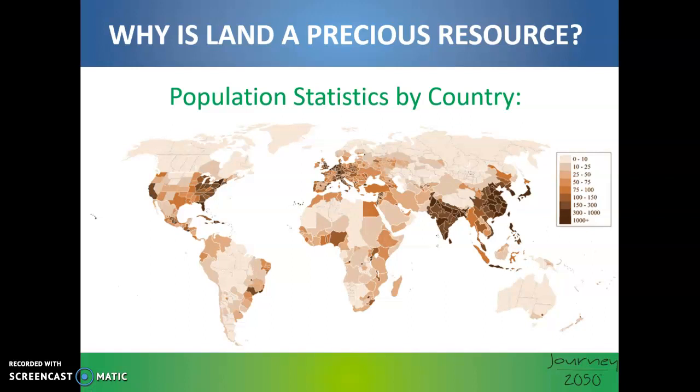But the thing that I notice more than that is how much of the Earth's surface, how much of the Earth's population is down here in this 0 to 10 range. Look at the bulk of Russia, of Canada, South America, Africa, Australia. There's still a lot of portions of this planet that are very, very sparsely populated, and that's encouraging.